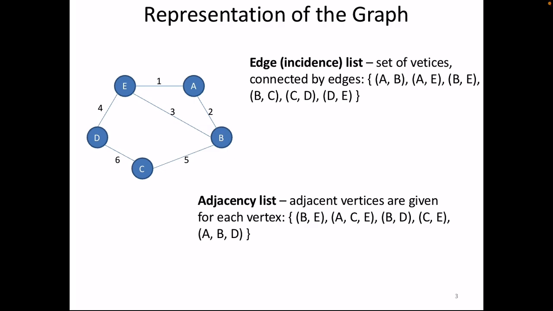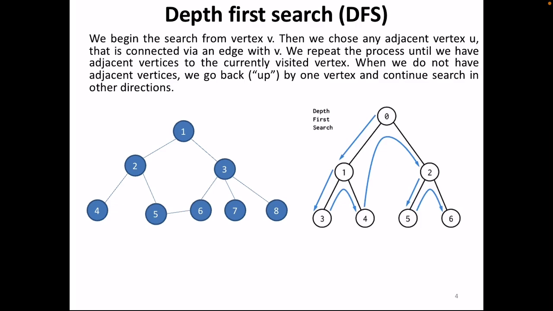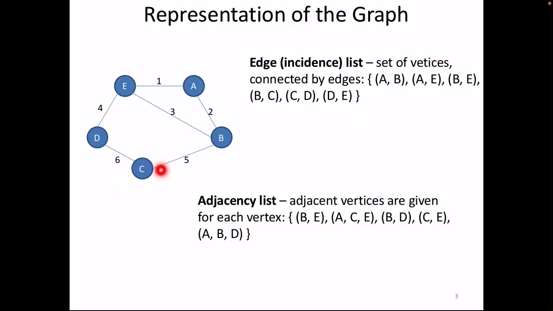The adjacent vertices for A are B and E. For B, we have A, C, and E. For C, we have B and D. For D, we have C and E. And for E, we have A, B, and D. So everything is true.